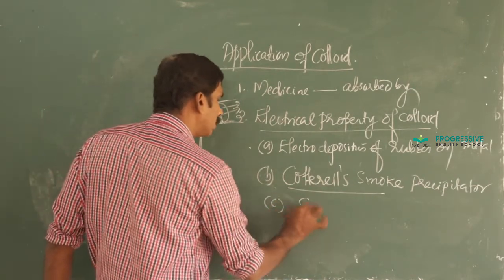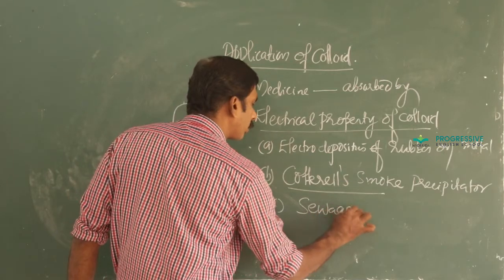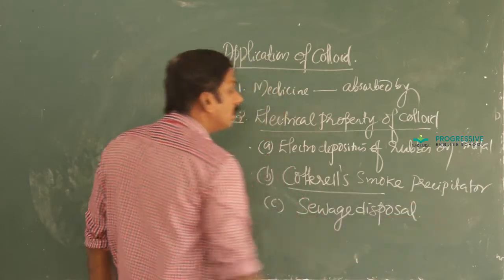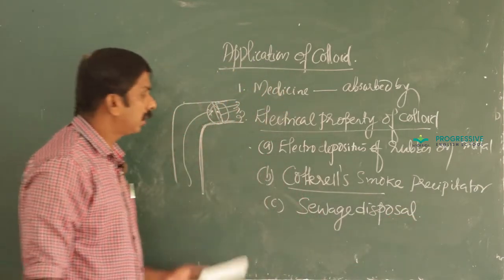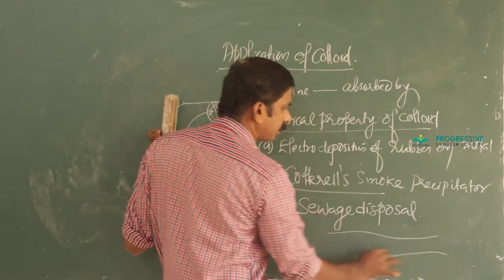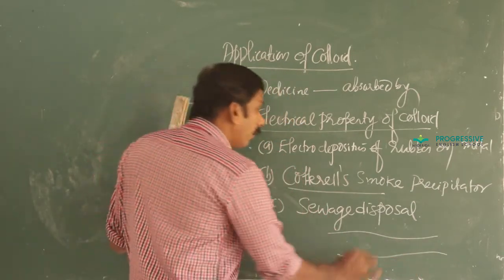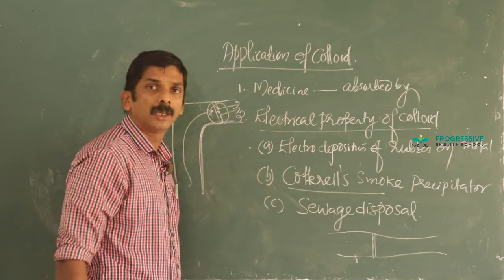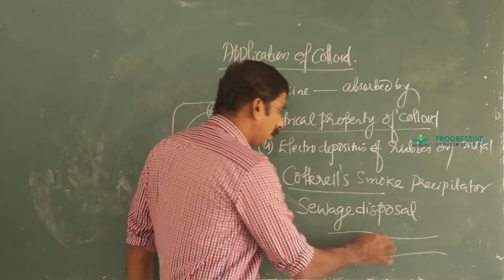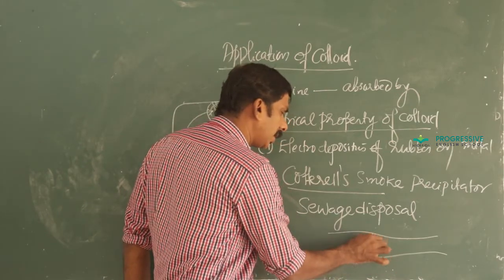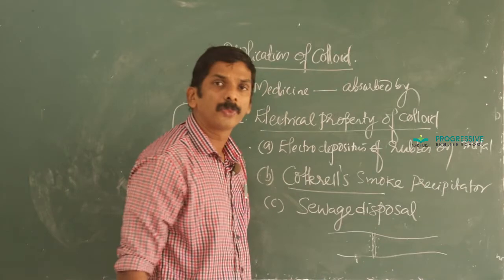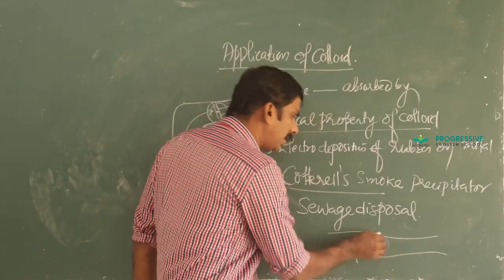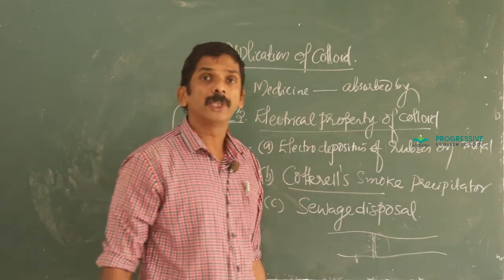And the third one is sewage disposal, that is in drainage. When an electrically charged plate is kept across this drainage, this colloidal muddy particle get deposited on the charged plate, and after a long time this deposited material can be removed and can be used as a manure.